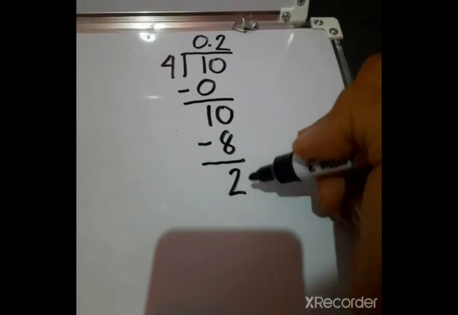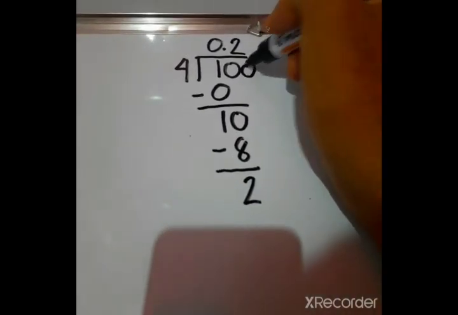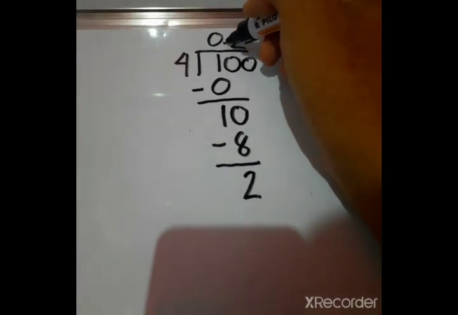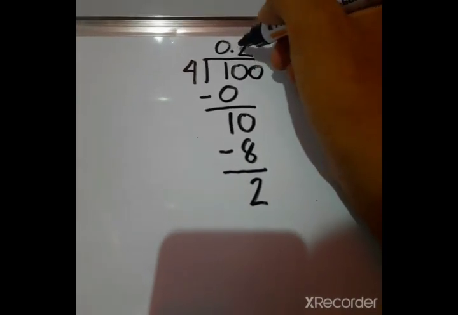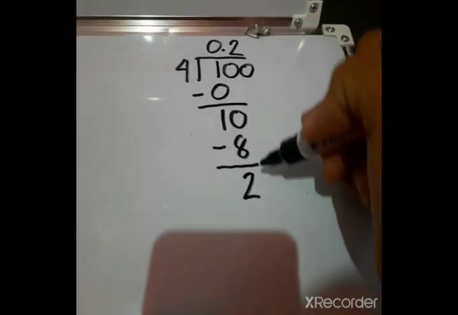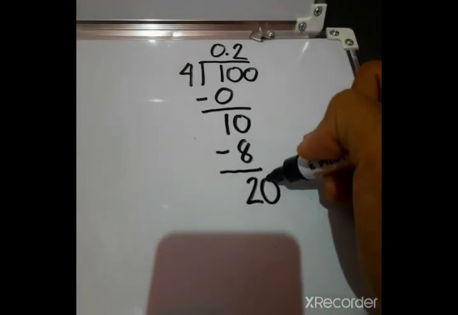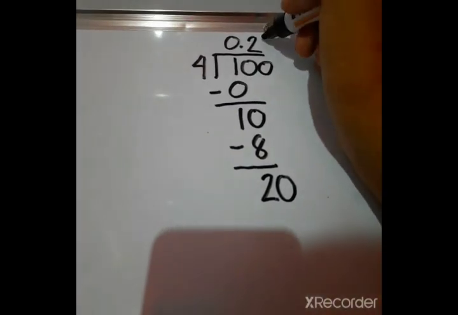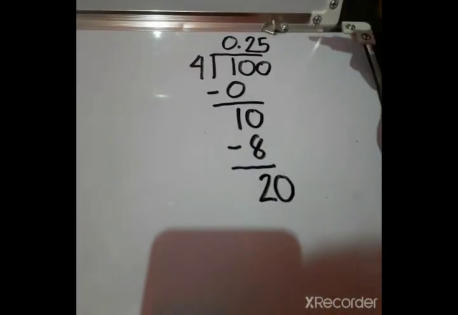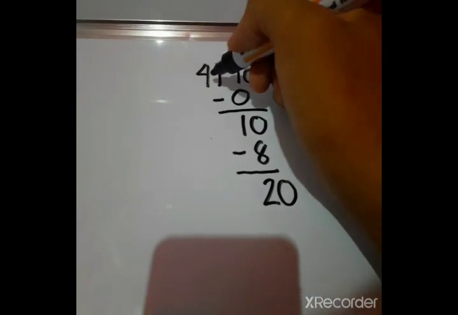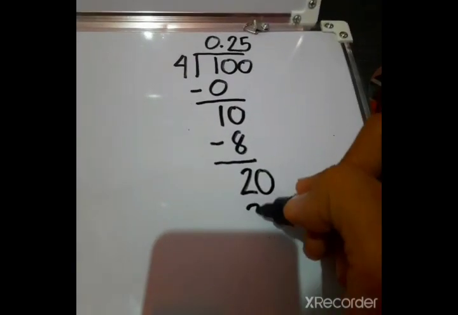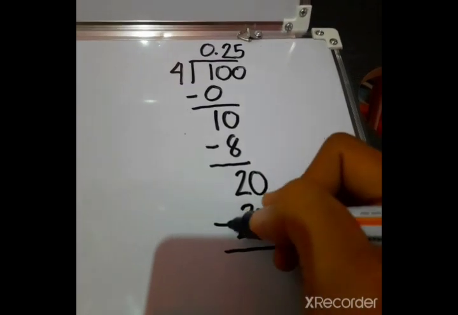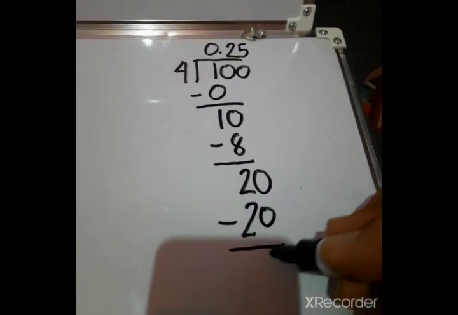Since we still have remainder, add another 0. But this time, we will no longer add decimal point because we already have it. So bring down 0. So 20 divided by 4, the answer is 5. 5 times 4, the answer is 20. 20 minus 20, the answer is 0.